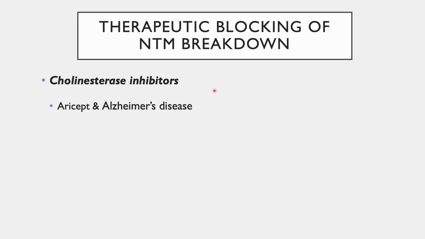We have not been able to find anything that can actually reverse the effects of Alzheimer's, as it is a fatal disease. But in earlier stages, cholinesterase inhibitors, such as the drug Aricept, have been really helpful in mitigating those cognitive deficits and cognitive impairment that patients experience.